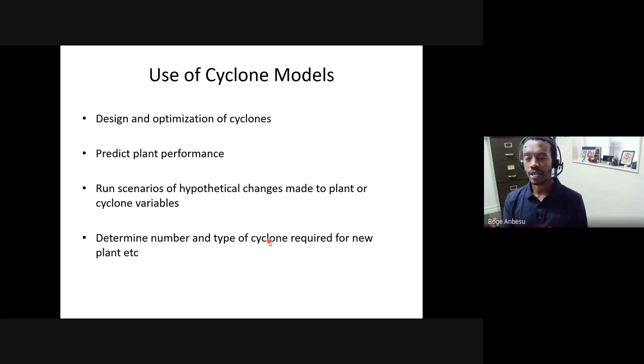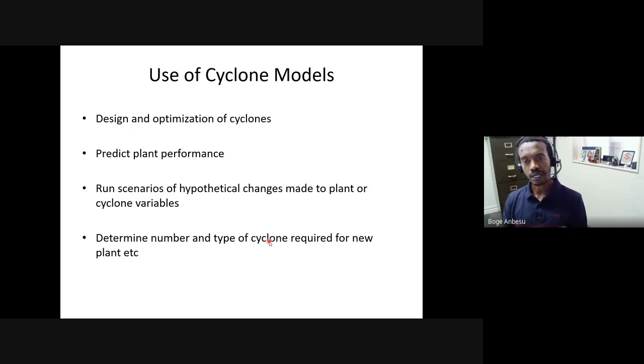So in this case, when you increase the cyclone diameter, your pressure requirement will increase. So you need to pump more, and we need to increase pressure inside the cyclone more. With that comes energy cost. So you can work scenarios which then will help you decide whether that's a sustainable thing to do or not. Or sometimes you may say, instead of having 10 cyclones, can I have 24 smaller ones instead?